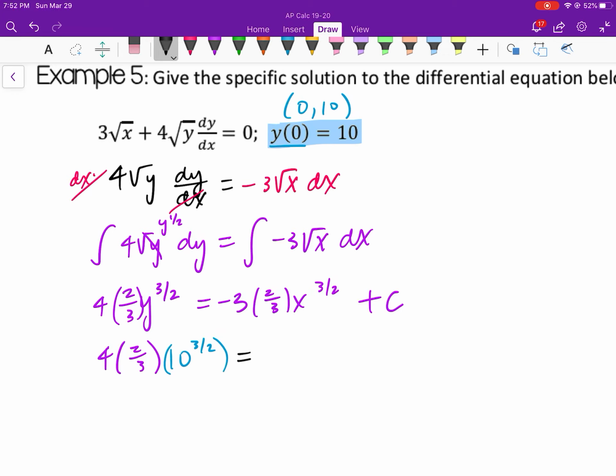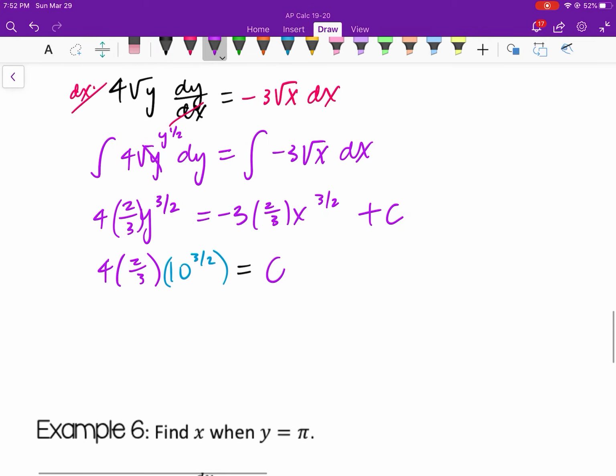Well, if you take 0 to any power, it's 0, times anything is 0, plus a constant, that's just what our constant is going to be. So we can make this slightly better by calling it 8/3 times 10 to the 3/2. Not ideal, but it'll suffice.